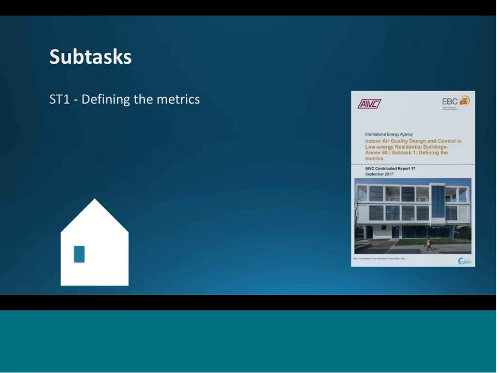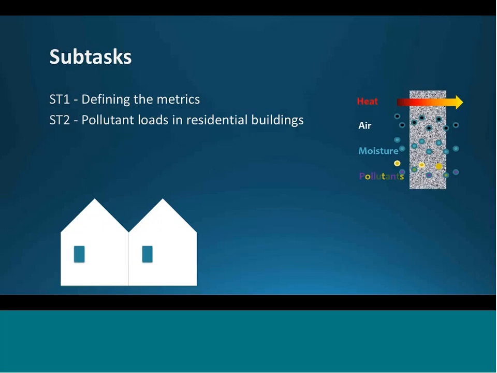As a project, we have several subtasks. The first one was where we defined the metrics, that is, the criteria and the limits for those things we should be cautious about, particularly with regards to pollutants. We have already completed that first subtask, and you see on the right-hand part of the screen the title page of the report that we made last year.